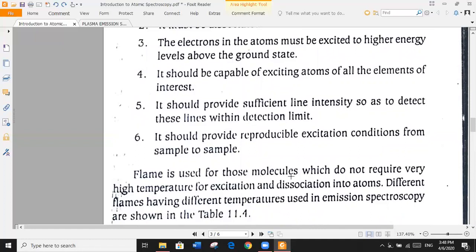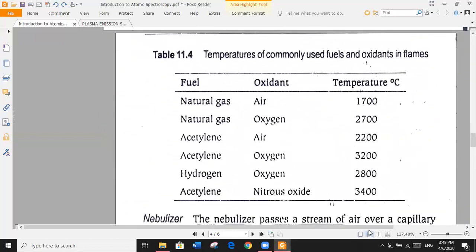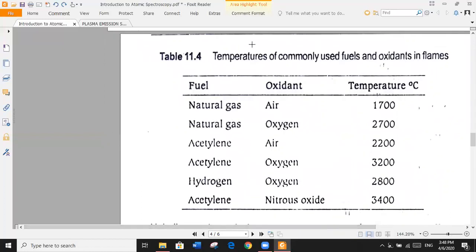Flame is used for those molecules which do not require very high temperature for excitation and dissociation into atoms. Different flames having different temperatures used in emission spectroscopy are shown in the following table. Fuel, natural gas may be there, oxidant is air, and temperature is 70-100 degrees centigrade.